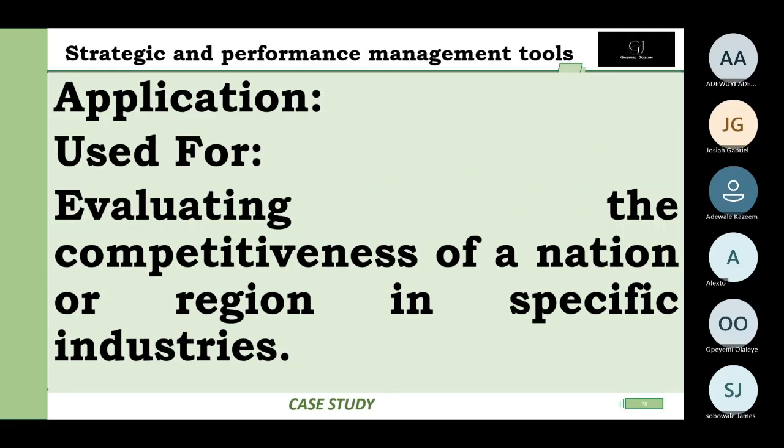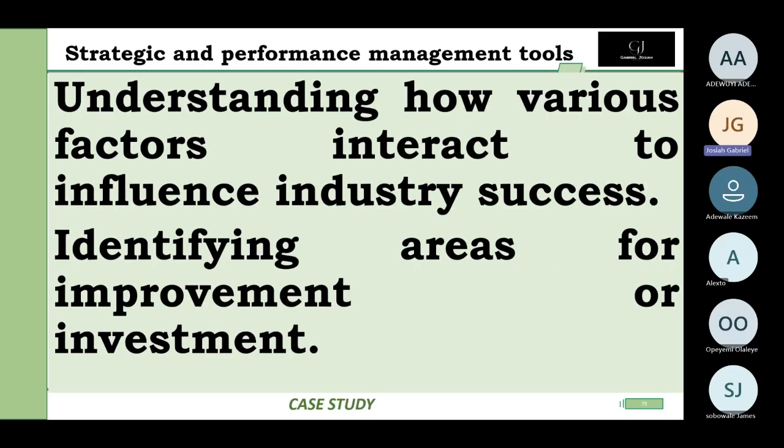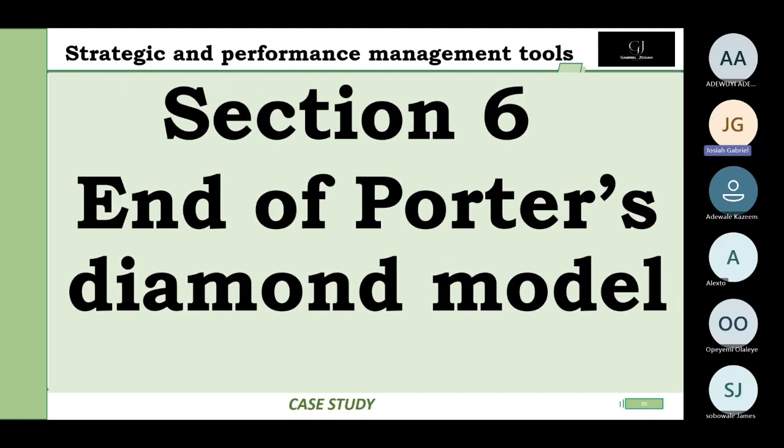This model could be applied for evaluating the competitiveness of a nation or region in a specific industry. And we must understand that various factors interact to influence industry success, and identifying areas for improvement, for investment, and other areas is key to putting this Porter's Diamond model to practice.